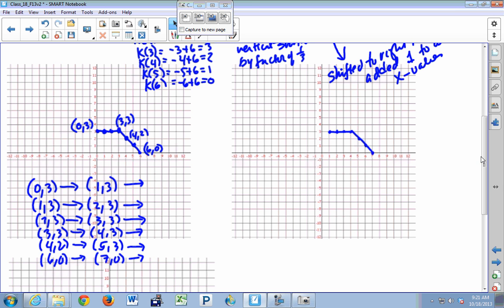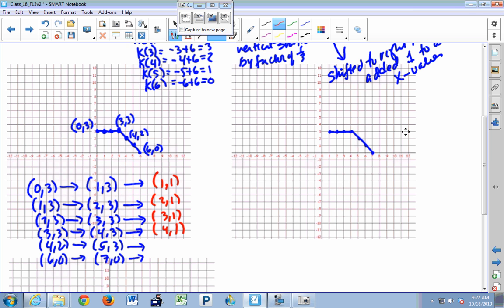So what does everything along this horizontal line become for a y value? Instead of (1, 3), (2, 3), (3, 3), (4, 3), what will I become for my y value now? 1, because I take 3 and multiply it by 1/3. So now my new points are, all my x values stay the same: (1, 1), (2, 1), (3, 1), and (4, 1).